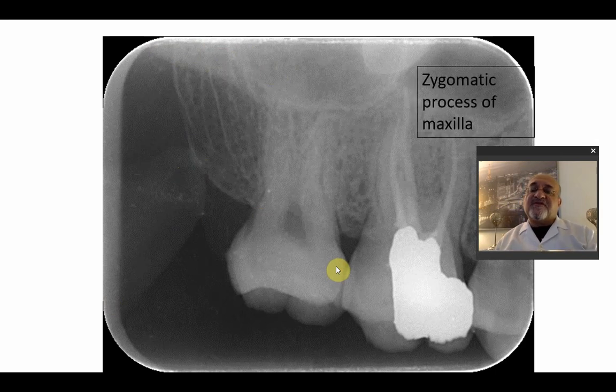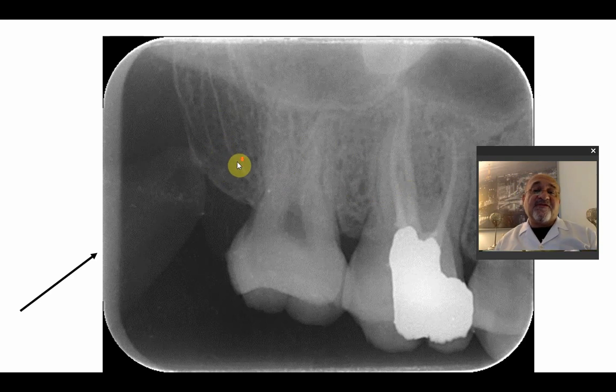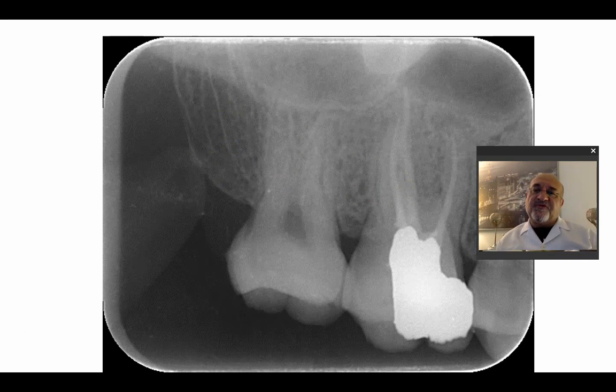So the zygomatic process of the maxilla and this is the maxillary tuberosity. Maxillary tuberosity tends to be a thin bone, so it doesn't appear as thick as the remainder of the maxilla. Compare the radio-opacity over here to the radio-opacity here. This is the maxillary tuberosity, and this triangular portion is the coronoid process, as we talked about in the previous 2 slides.